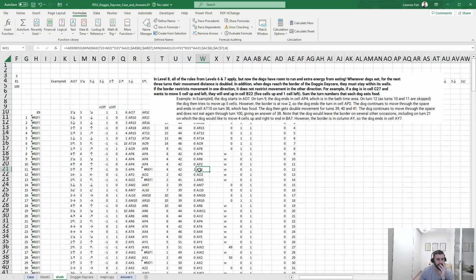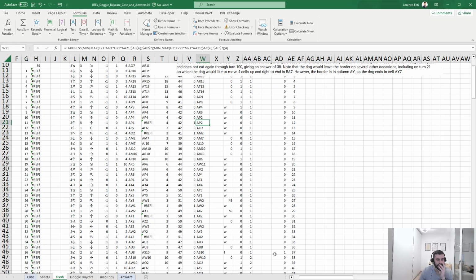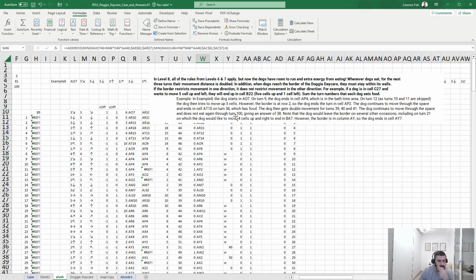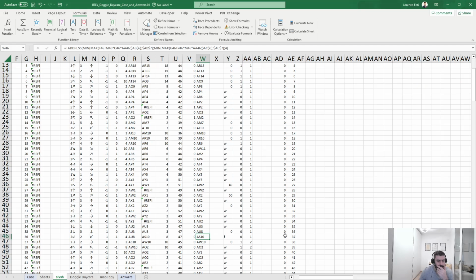Yeah, and then something goes wrong because in turn 38 it should be in cell 8010 and I'm in AS10. Just for one cell I have a problem, which has food. Gets double movement, continues to move through the space and does not hit again through turn 100, giving an answer of 38. Well, that's interesting.